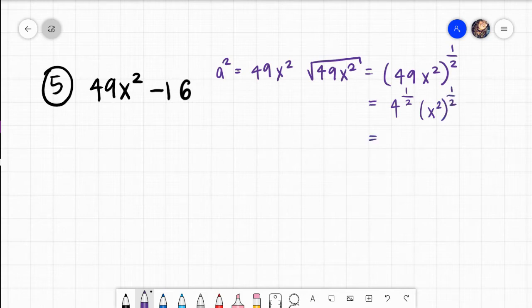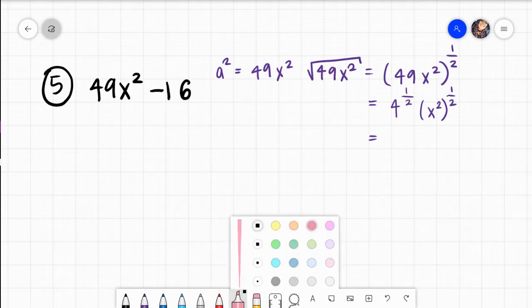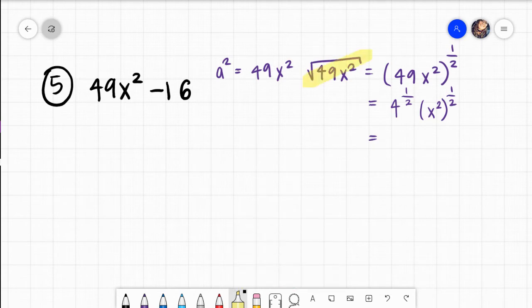And if you notice here, going back into this form right here, just meaning that it's underneath the square root. Because this is with a fractional exponent, this is actually saying that 2 is my root and 1 is my exponent, right?